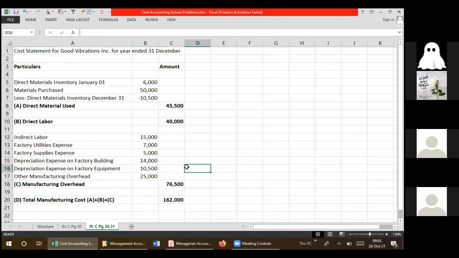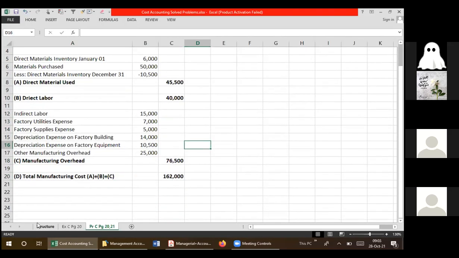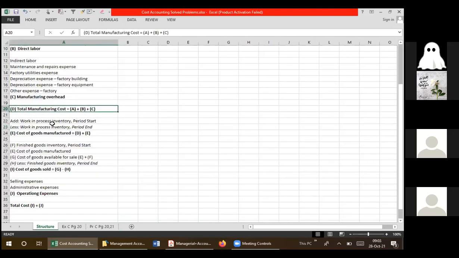Total manufacturing cost 162,000. So we are at point D.